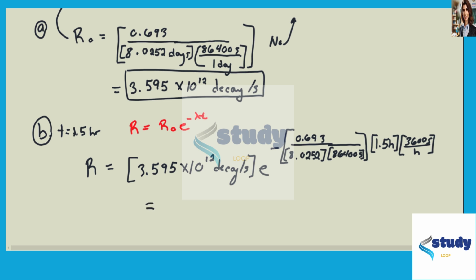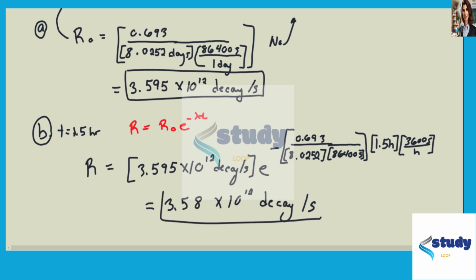And when we do that, we actually get 3.58 times 10 to the 12 decays per second. So this is the answer for B.